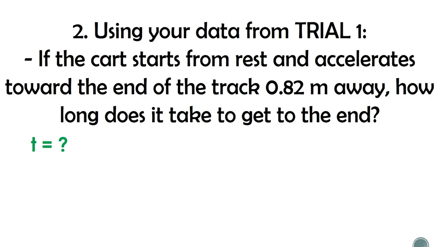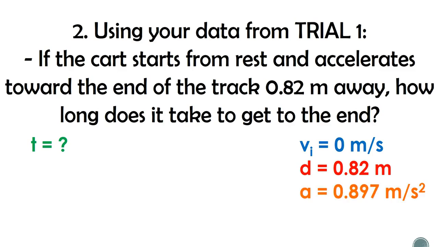So we've got our time. We know that our VI is 0 because it starts from rest. Our D is 0.82 meters, that's the length of the track. And our acceleration is whatever you got in trial 1 from part 2 of the lab. In this case, I got 0.897 meters per second squared.